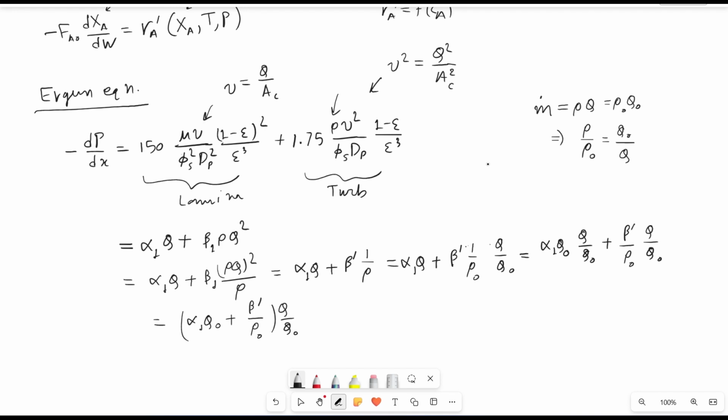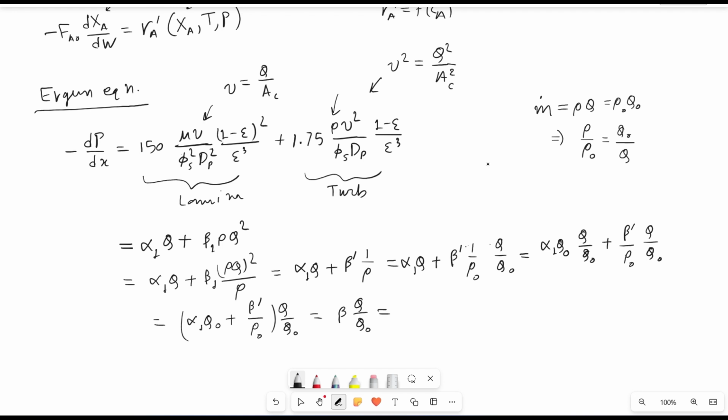Suppose this is the overall beta, so beta times Q by Q naught. Now beta can be evaluated from this expression or from any correlation from experiments in industry. Generally the pressure drop for a reactor you can get by experiment.